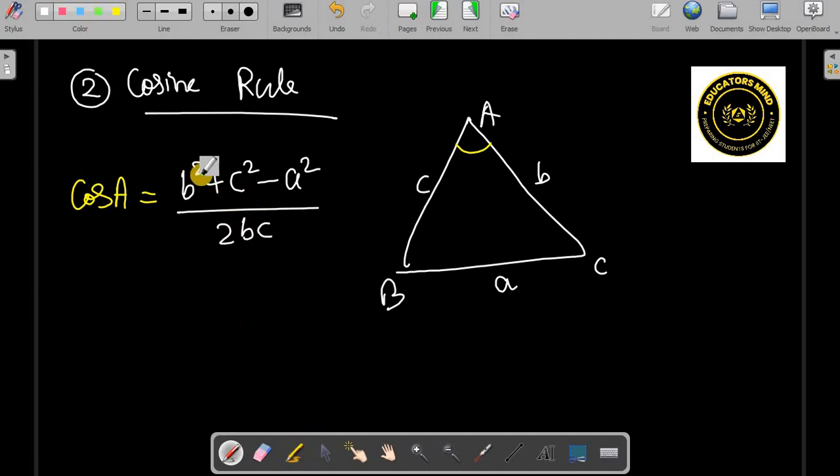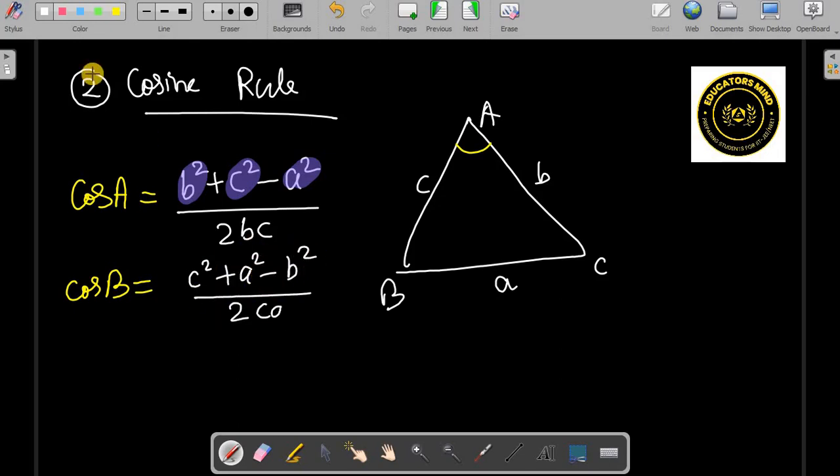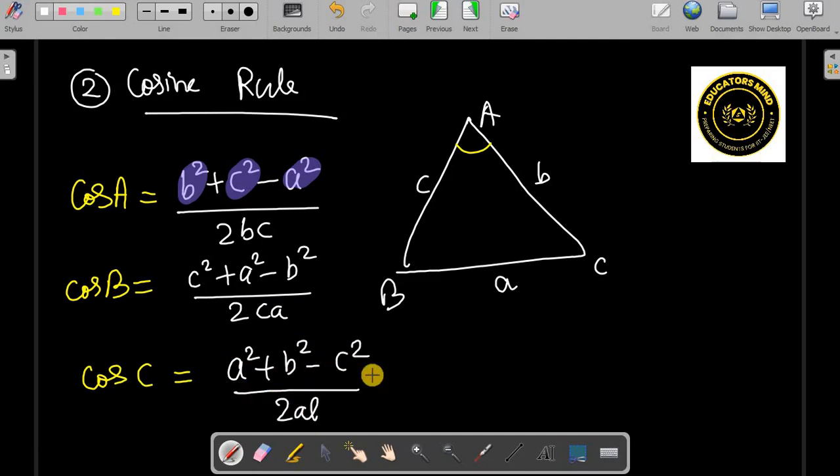Okay, so B square plus C square means the sum of the squares of the adjacent sides, minus the opposite side square, divided by 2 into the product of the adjacent sides, right? In the same way you can write cos of angle B: C square plus A square minus B square by 2CA. Similarly, you can write cos of angle C directly. Even though it's not 90 degrees, we can use it. So cos of C will be A square plus B square minus C square by 2AB.